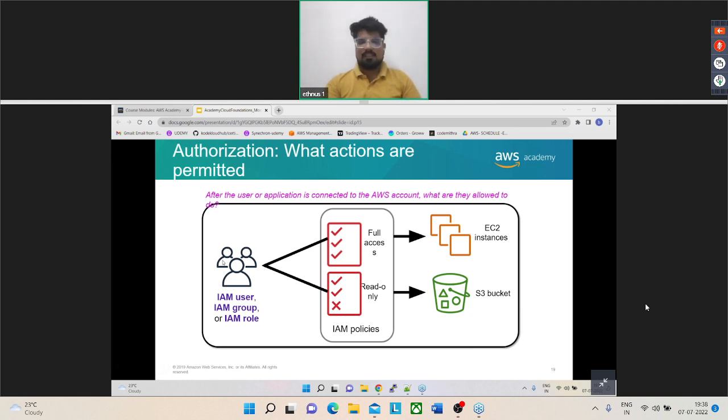Don't consider these three are in a single group. For the example, it is there in the diagram. In the first example there is a single user to whom I have applied the full access to EC2 instance policy. Then he or she can only access the EC2 instances and do the task. Apart from that, the other two persons who are part of some group won't be able to access that because that policy is not applied to their user profile.